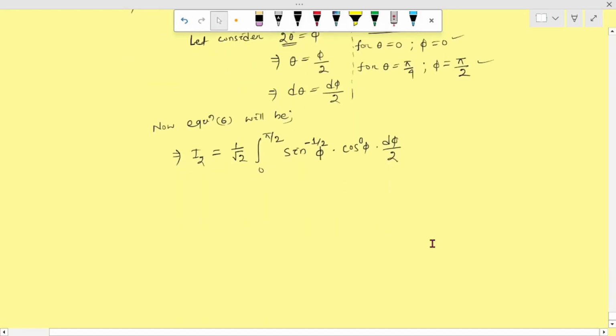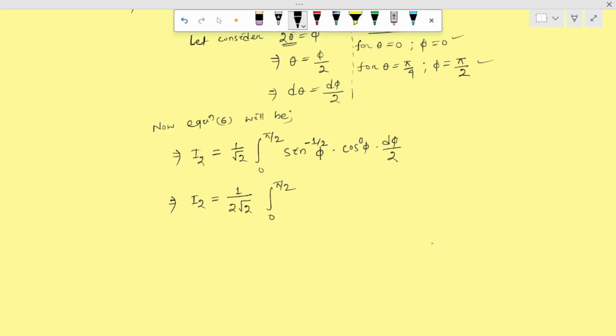Okay, that implies I2 will be equal to, taking 2 outside of this integral, 1 by 2 root 2, 0 to pi by 2, sin to the power minus 1 by 2.